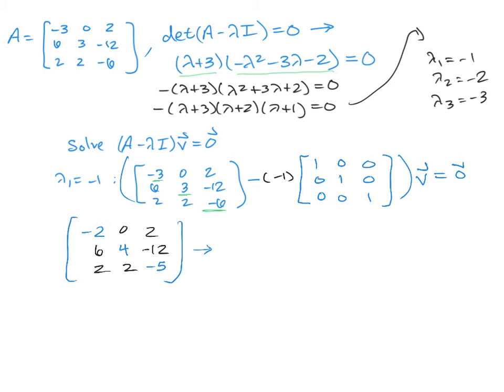First thing you want to do is hit second, matrix, and go over to edit and choose the size. For this problem, it's a 3 by 3 matrix. We now want to type in the numbers from the matrix: negative 2, 0, 2, then 6, 4, negative 12, then 2, 2, and negative 5.